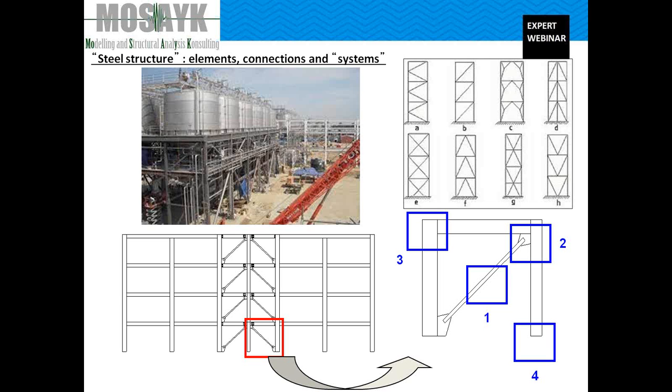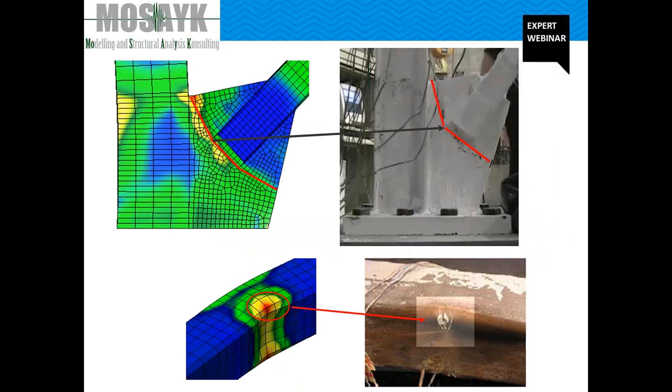In order to dissipate energy through this mechanism, it is essential to ensure that premature failures in the connection are prevented. Many advanced finite element models using Midas FEA have been done in order to check this mechanism at different levels. Gusset plate connection and braces are shown in this slide: gusset plate at the top and buckling of the brace at the lower level.